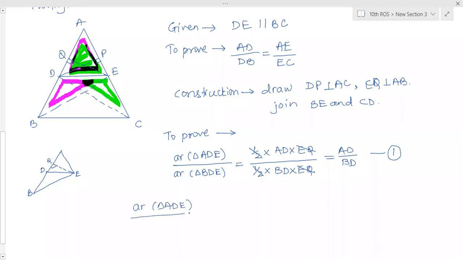Area of triangle ADE by area of triangle CDE is equal to half into base, and the base we consider is AE. Then what will be the height? DP. Then for triangle CDE, half into base.